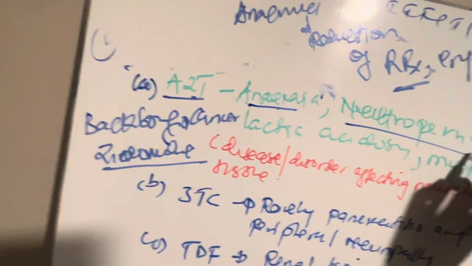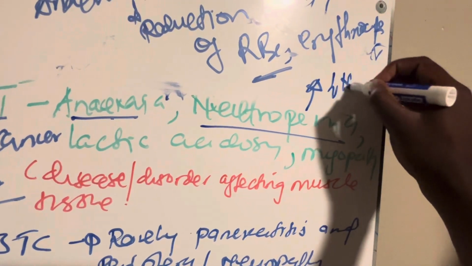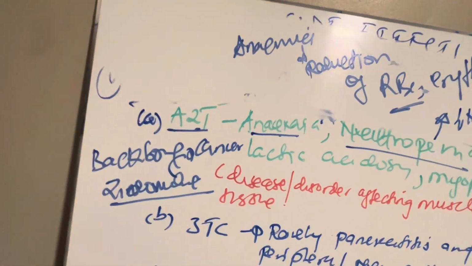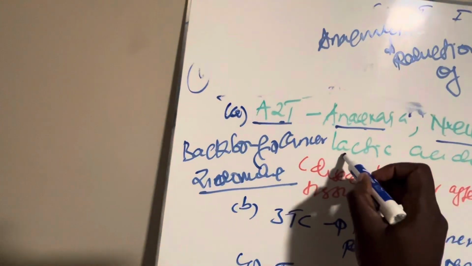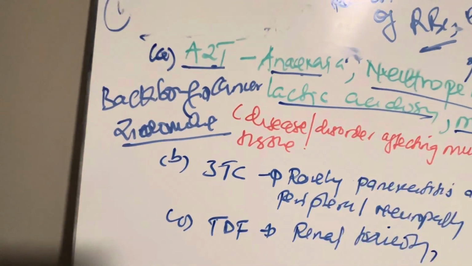It can also cause neutropenia. Neutropenia is the reduction of neutrophils, which are a type of white blood cells. It can cause also lactic acidosis and myopathy, which is a disease or disorder affecting the muscle cells.